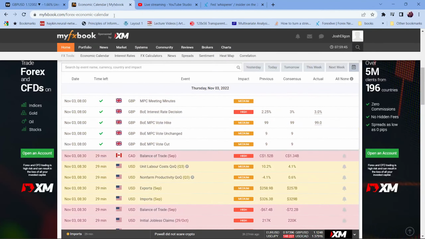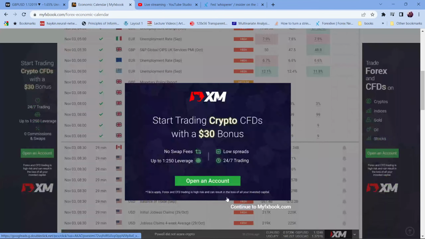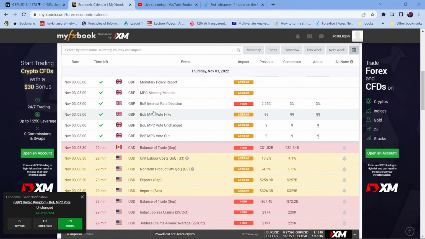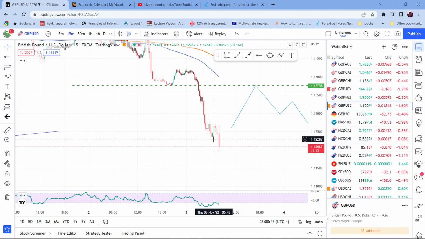Let's see interest rates. Yeah, so we did come out at that 3% as expected. The initial movement, price did continue moving down with the initial thought. GBP overall is bearish, so this was within expectancy.